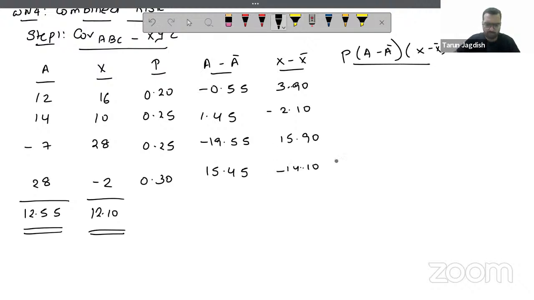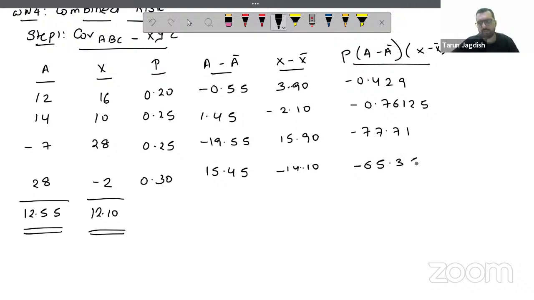Okay, so now I have to multiply this 3.9 into 0.55 into 0.2. So minus 0.429. 1.45 into 2.1 into 0.25, minus 0.76125. 19.55 into 15.9 into 0.25, 77.71. 15.45 into 14.1 into 0.3, minus 65.35. Everything comes in negative.